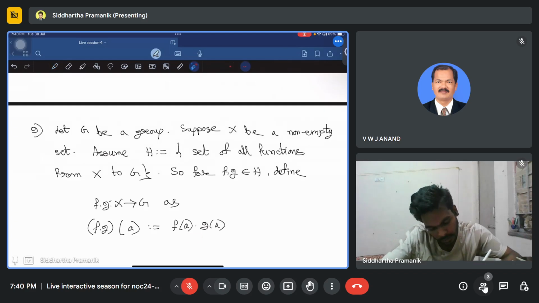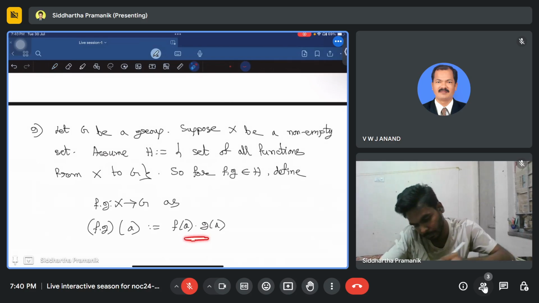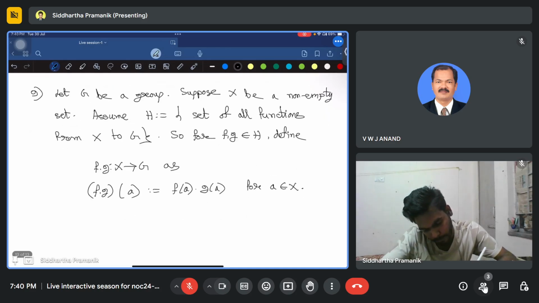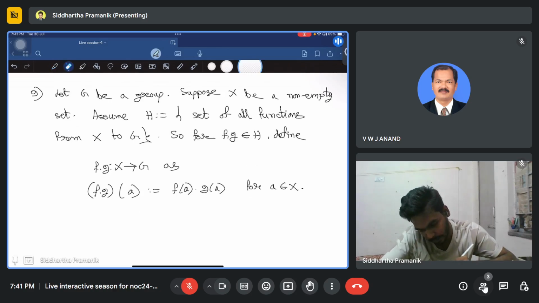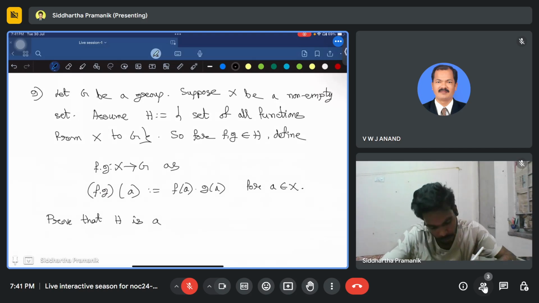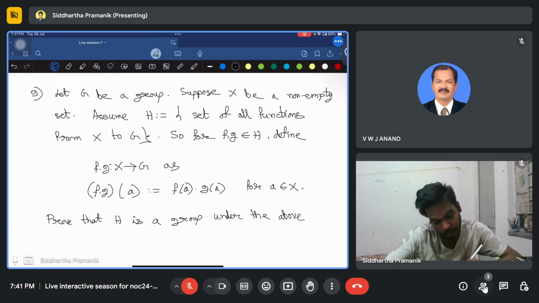So here this multiplication is in the group G, for a belonging to X. Then prove that H is a group under the above multiplication.